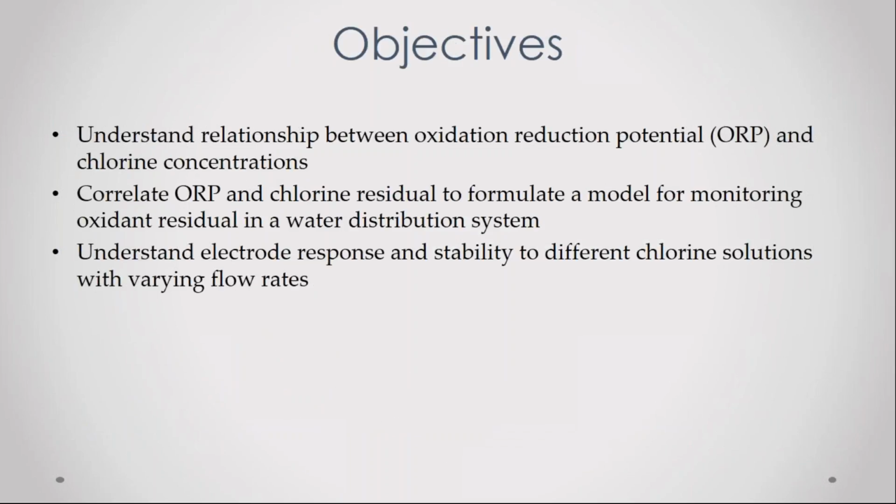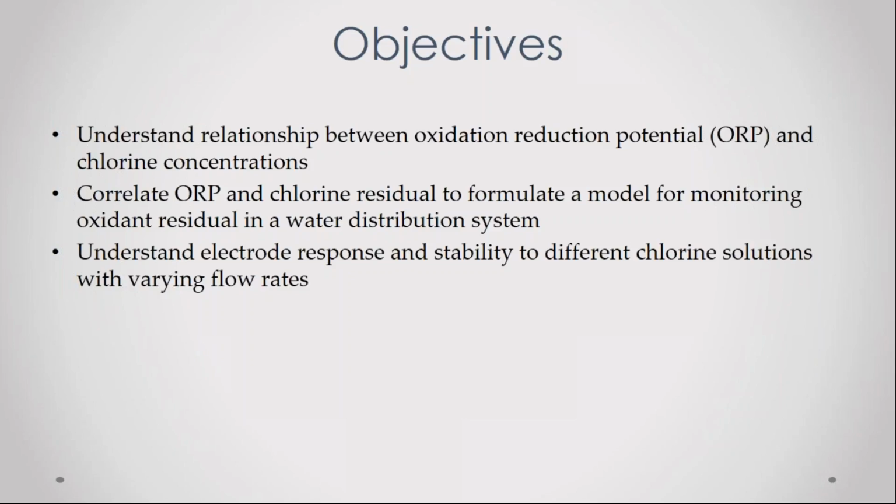So there are three objectives to this research. The first is to really get an understanding of the relationship between ORP and chlorine concentrations. We're focusing on chlorine because chlorine is very commonly used in disinfection systems, and it has a potential to be used in home systems as well, at least for mixed oxidant scenarios.